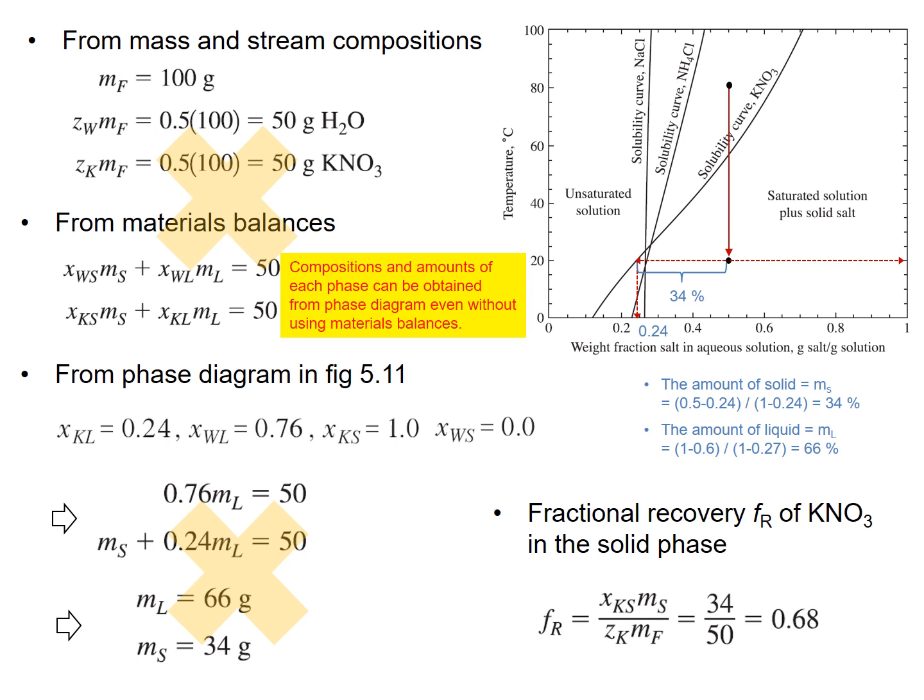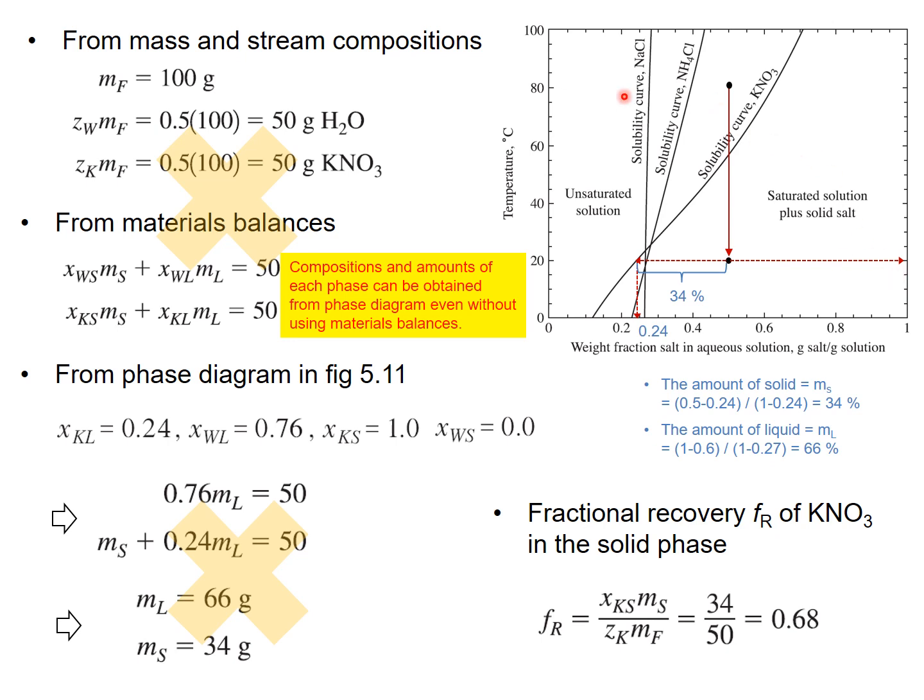Okay, you could use the mass balance equations, then you will calculate the mole fraction and the amount of the corresponding materials. But if you have a phase diagram, then you could calculate everything.